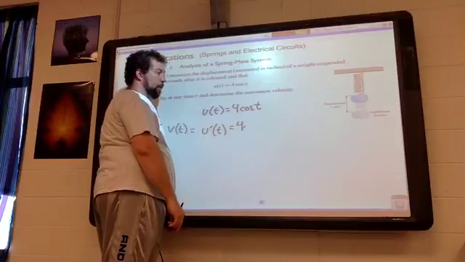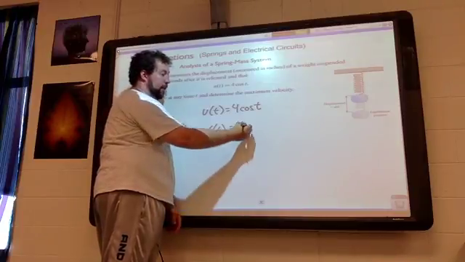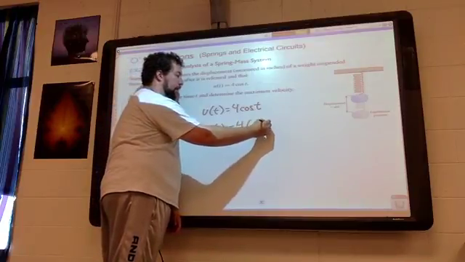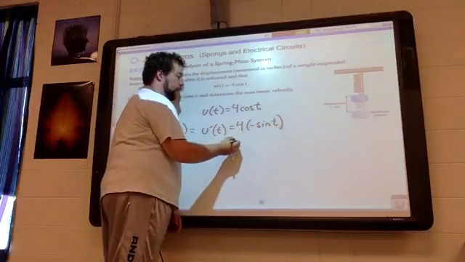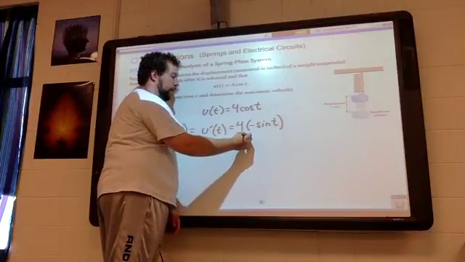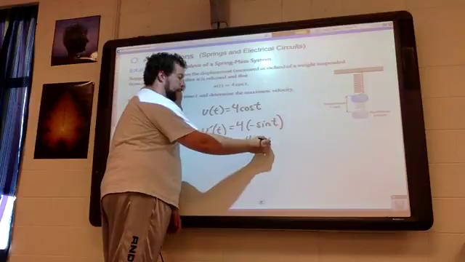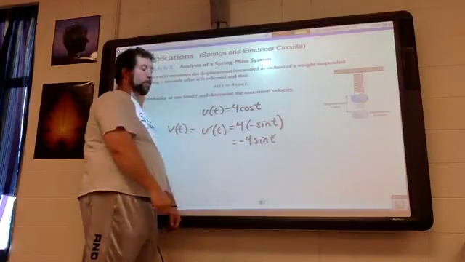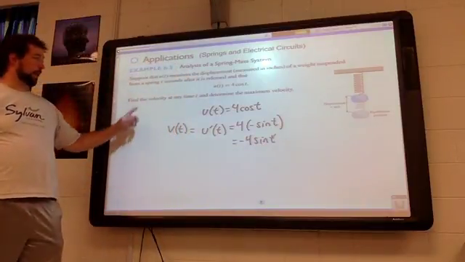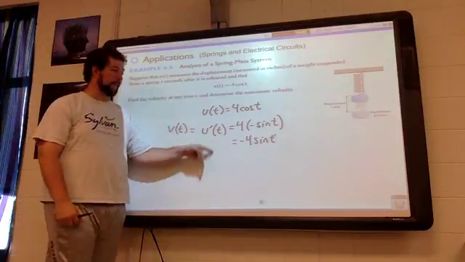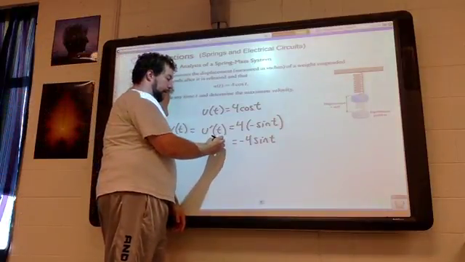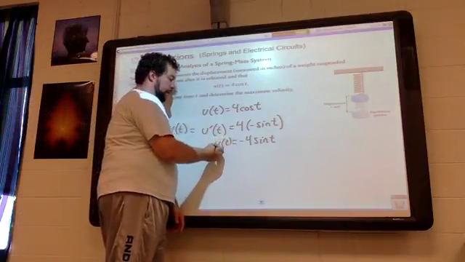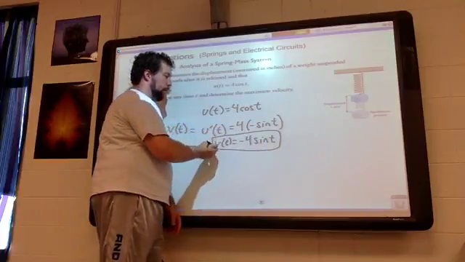And the derivative of cosine, hopefully you remember from the last lesson, is negative sine. Clean it up a little bit, we get negative 4 times the sine of t. And that's going to be the velocity at any time t. Your v of t is this function right here.